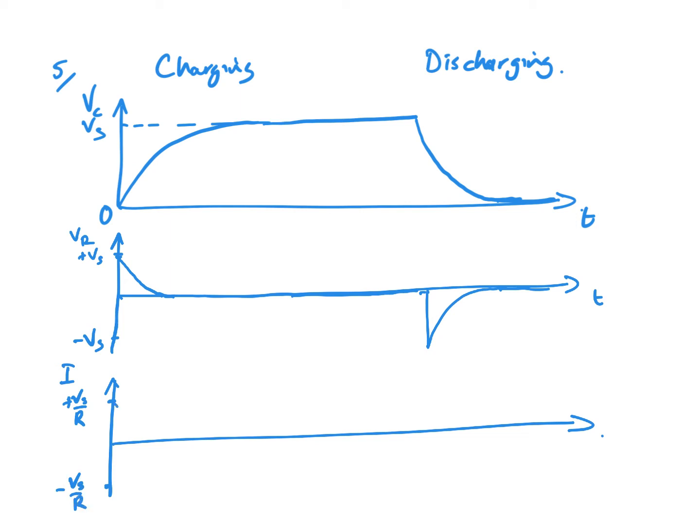So same shape, going down to 0, jumping negative when it discharges because the charge is now flowing off of the capacitor rather than onto the capacitor. So it's flowing in the opposite direction.